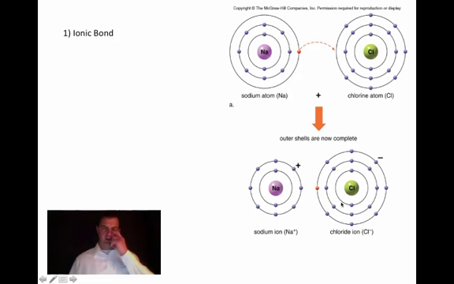The first is ionic bonds. And if you remember, talking about atoms, there are electrons on the outside of the atom, and on the inside of the atom, right here, there are protons and neutrons. Depending on how many protons you have, you can attract a certain number of electrons.